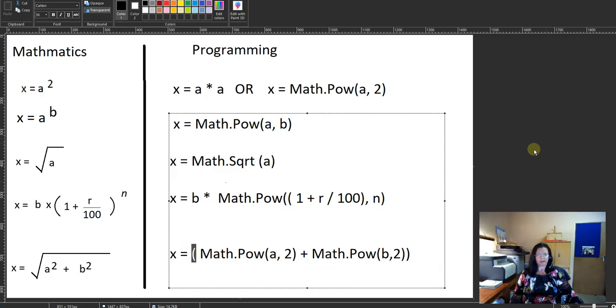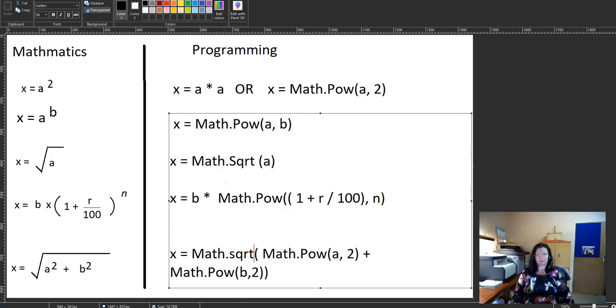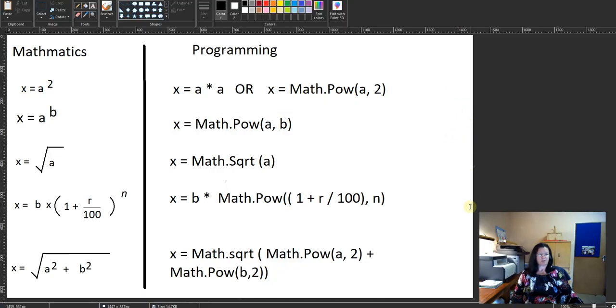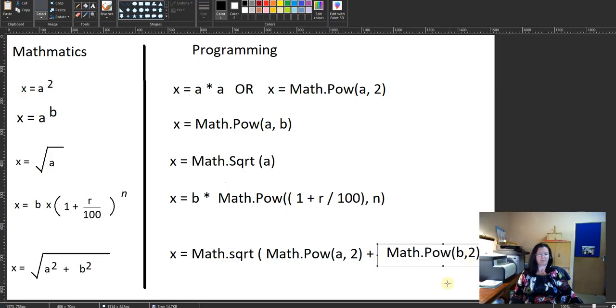So those brackets, and now I need math.squareroot, and there my line breaks up. So let's just increase that slightly, and I can just move my formula up a little bit.